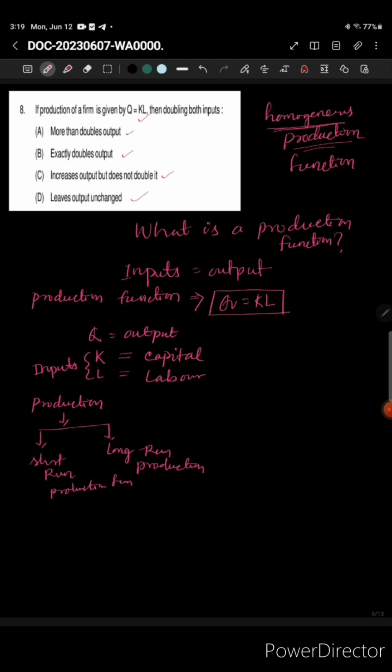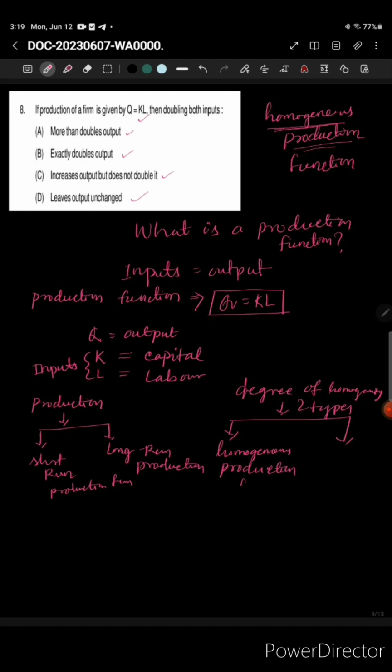Similarly, in case of degree of homogeneity, we have two types of production function: one is homogeneous production function, another is non-homogeneous production function.